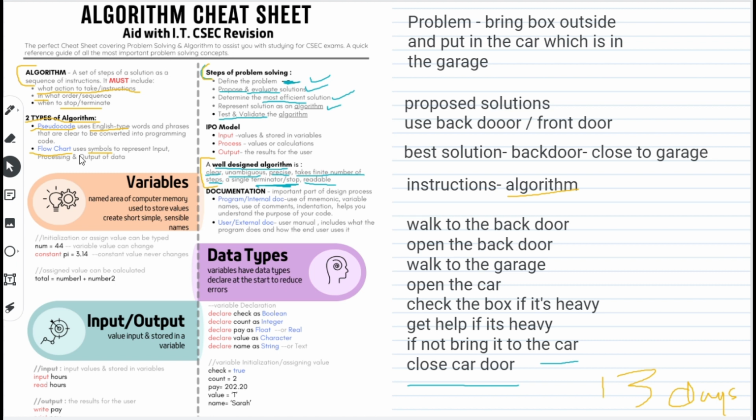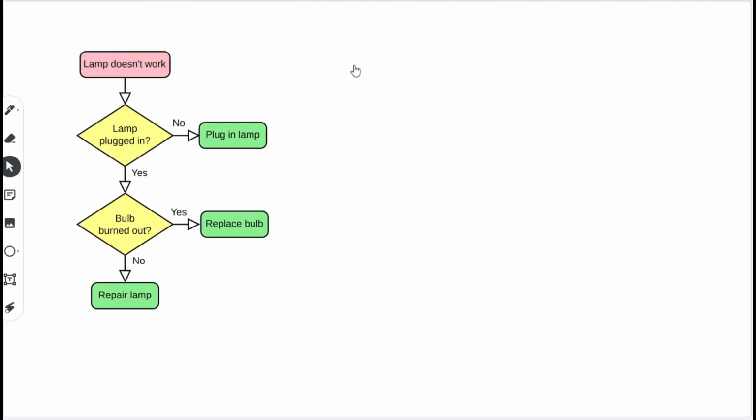We're saying a pseudocode is English type words and phrases that can be converted into programming code, whereas a flowchart uses symbols, and each of the symbols means something. The symbols represent what the inputs are, the processing, and the outputs, and we'll soon go back to that part to see what the different symbols link to. So I showed you an example of what a flowchart is, right? You can see the screen, right?